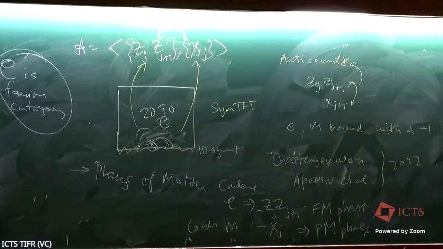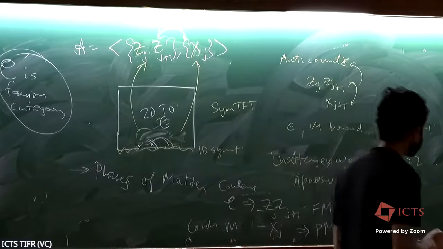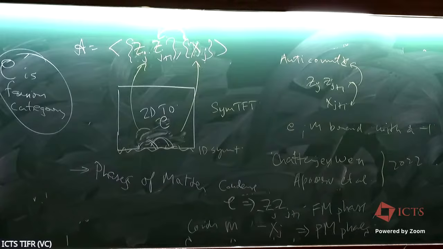Okay. So now, how do you deal with things like half translations and translations? It turns out you can also incorporate these by defining families appropriately. So what do I mean by a family?